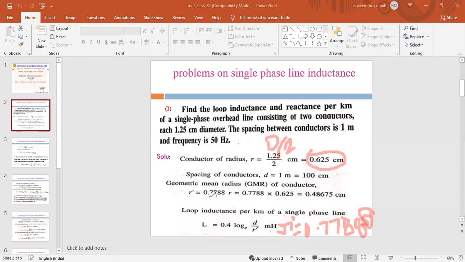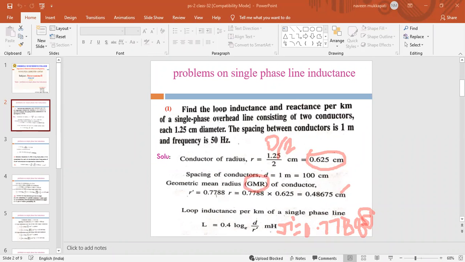R dash is equal to 0.7788 into 0.625. Then we obtain 0.48675 centimeters. This is the GMR, the geometrical mean radius of a conductor.